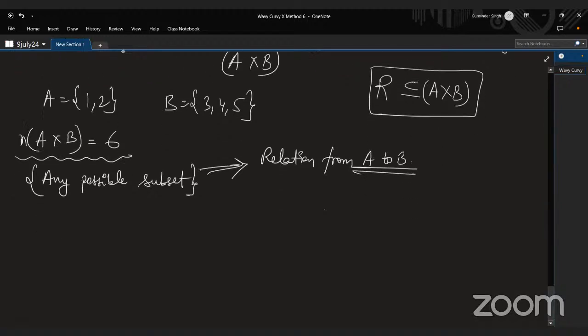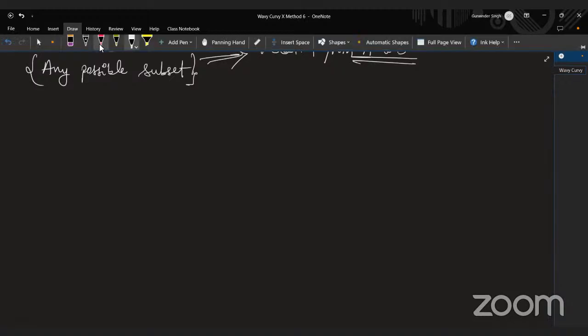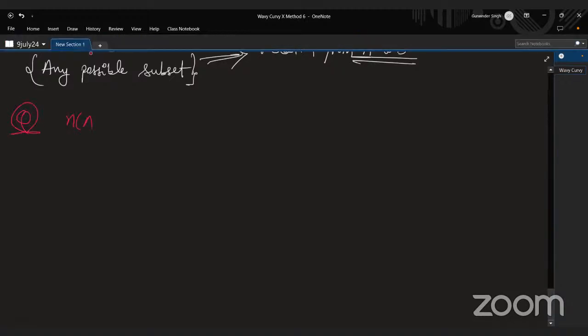Let's do a quick question. N of A is 3, N of B is 4.